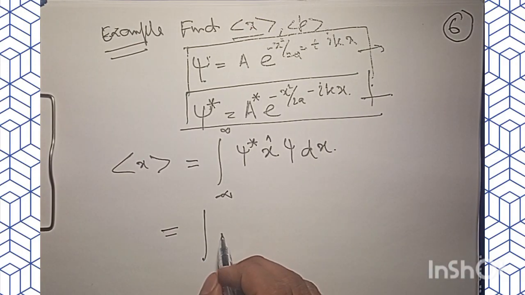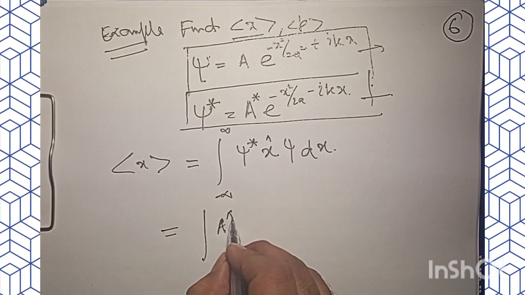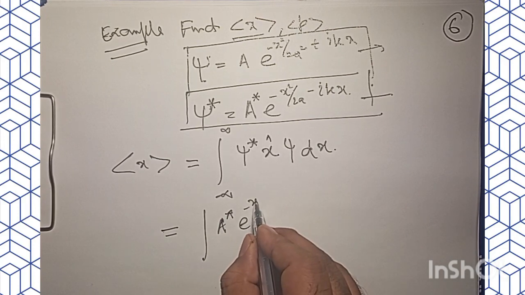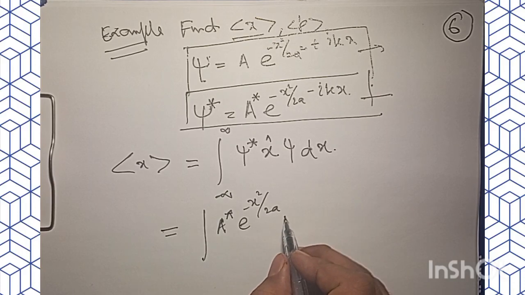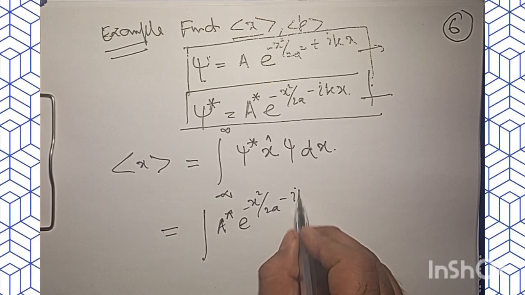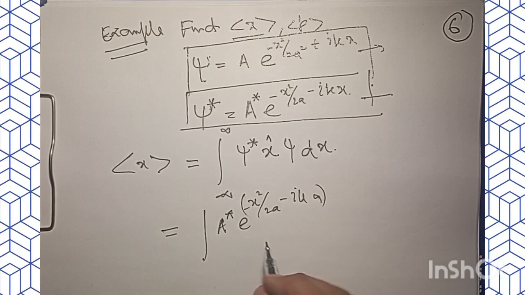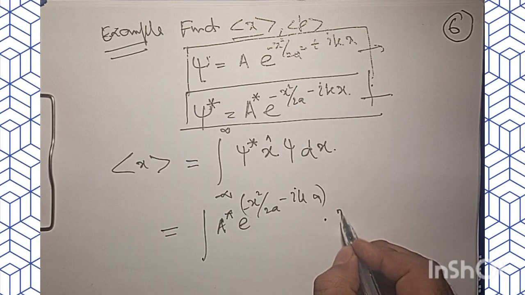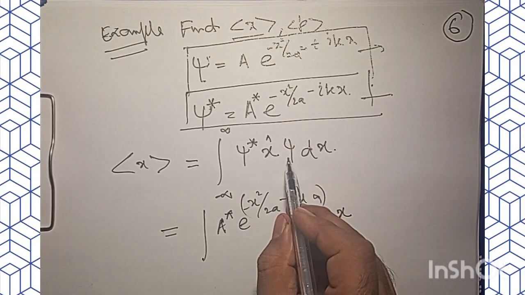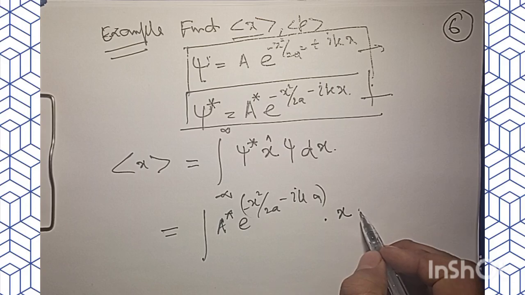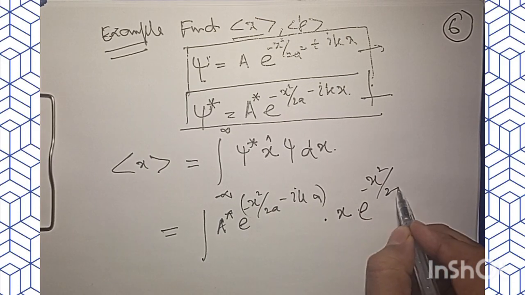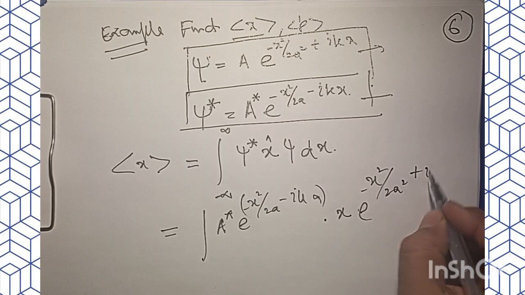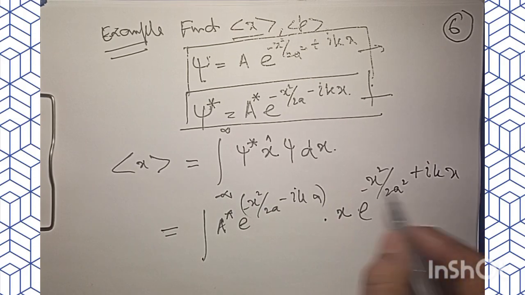So I would be writing here a star e to the power of minus x squared by 2a, then minus iota kx, times x. Then what I'll have is the psi, and that's e to the power of minus x squared by 2a squared plus iota kx.